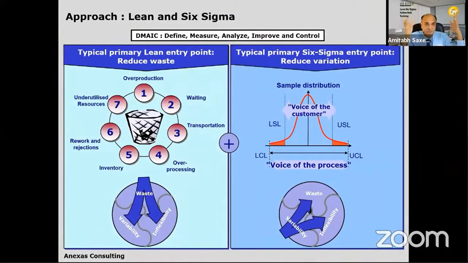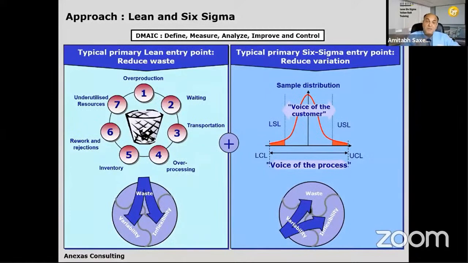Now, Gemba means going to the field, going to the place of action. See how things are taking place, then map the process and identify the waste in the system. And after identification of the waste, try to eliminate or reduce this waste so that you are able to reduce the cycle times and reduce the errors, mistakes and defects in the processes. That is what Lean is.